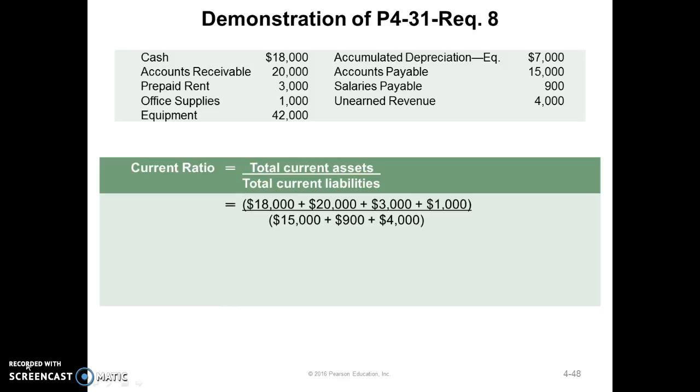And our total current liabilities are accounts payable, salaries payable, and unearned revenue. So our current ratio is actually 2.1, so we know our current assets can cover our current liabilities 2 to 1.